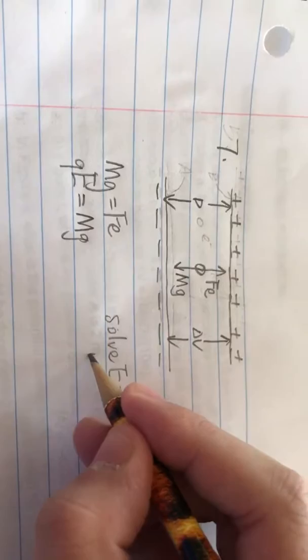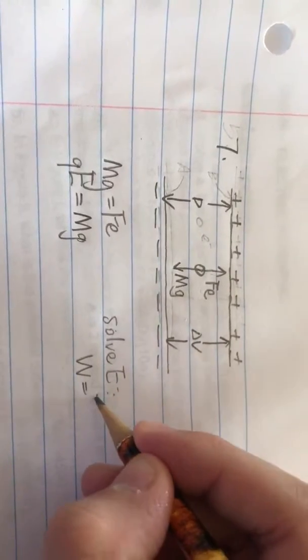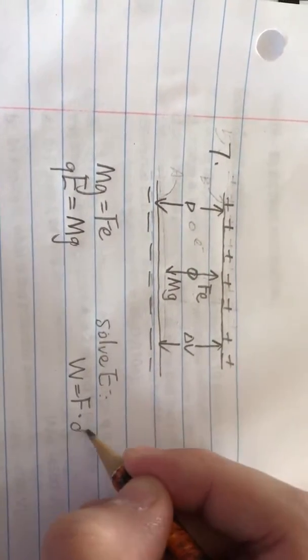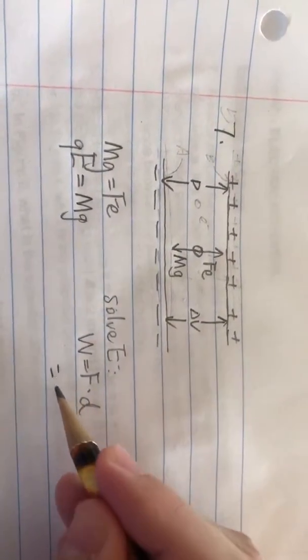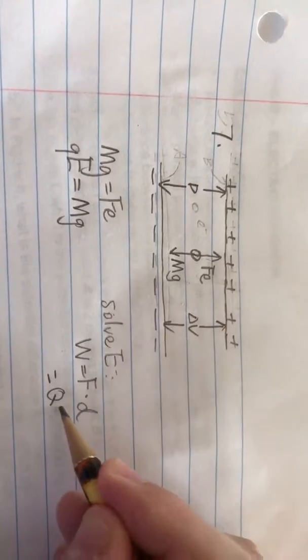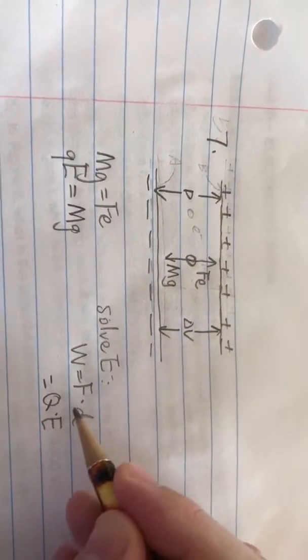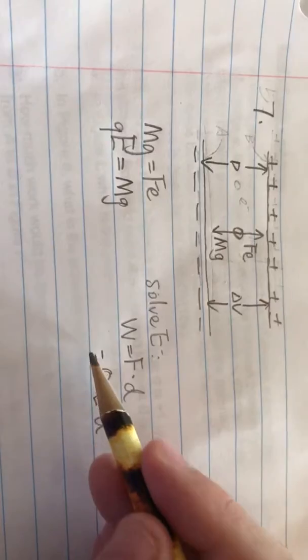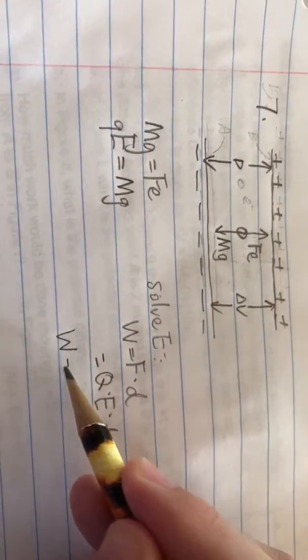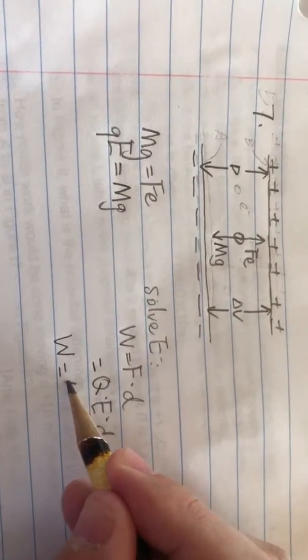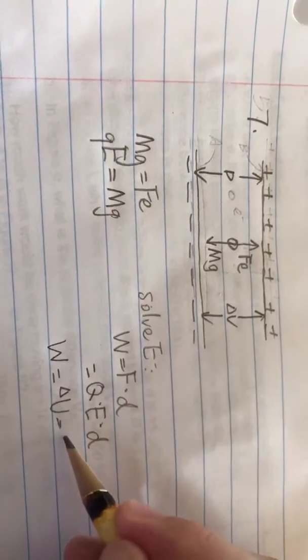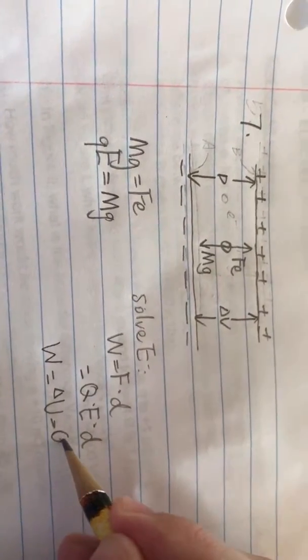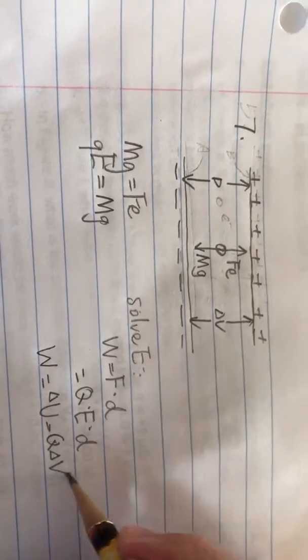So now we know that work equals force times distance. In this scenario, it would be Q times E, which is the electric force, times D. Now we know that the work done on the droplet equals the change in potential energy, equals the charge of the droplet times the change in potential.